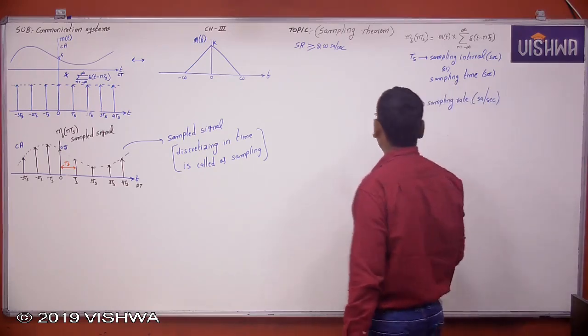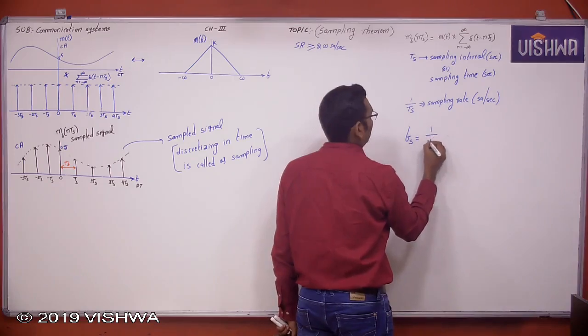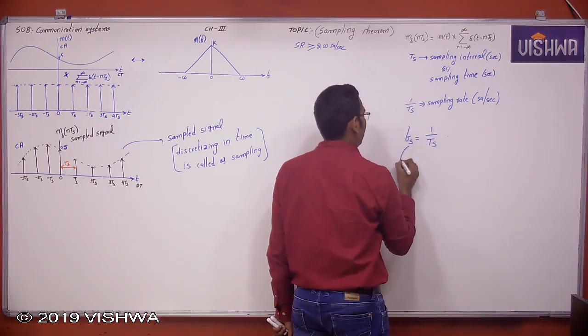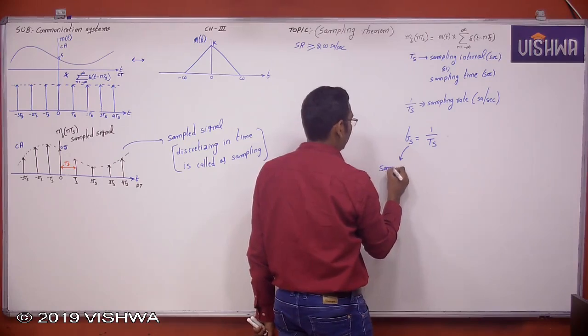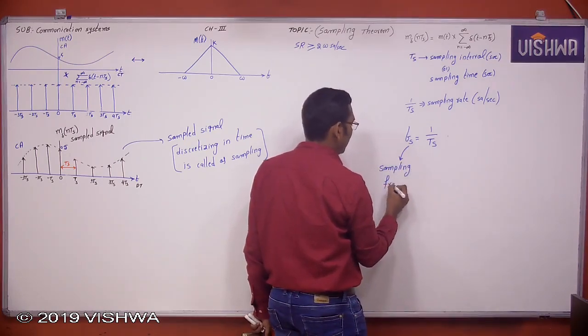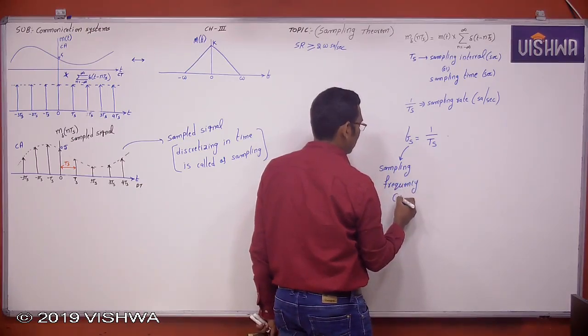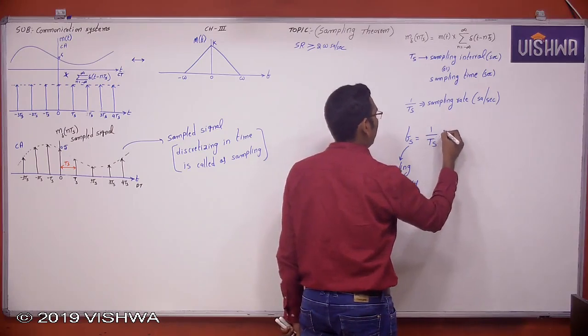This is the sampling rate, fs, which is nothing but the sampling frequency.